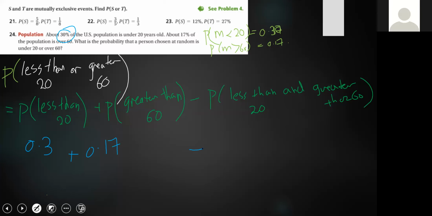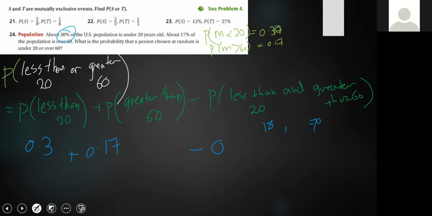0. It cannot be. No one can be greater than 60 and less than 20. It cannot happen at the same time. So it is 0. Can you find one person whose age is 18 and 70 at the same time?